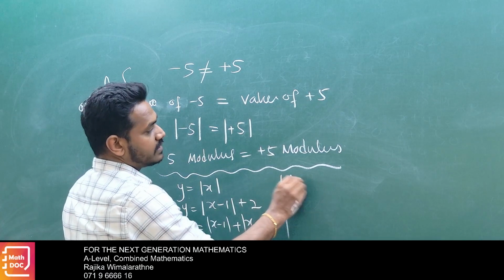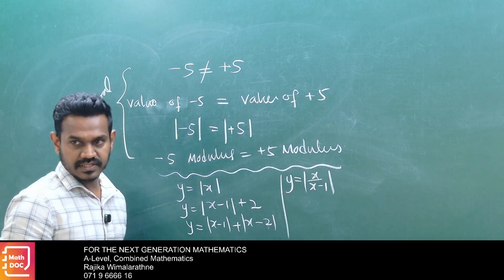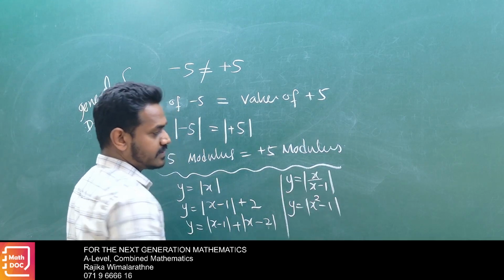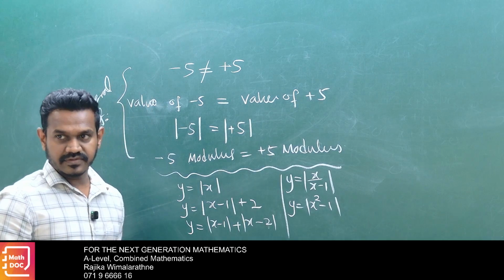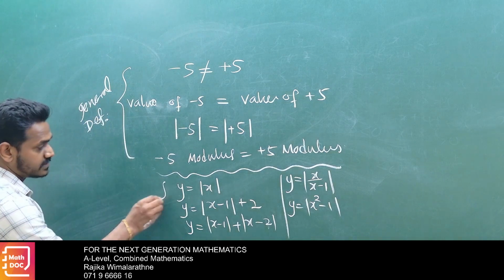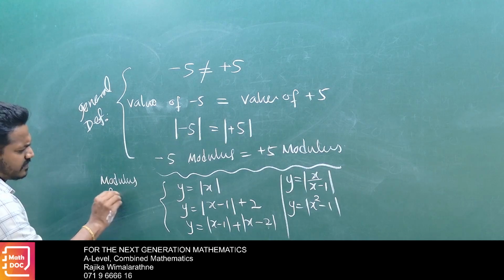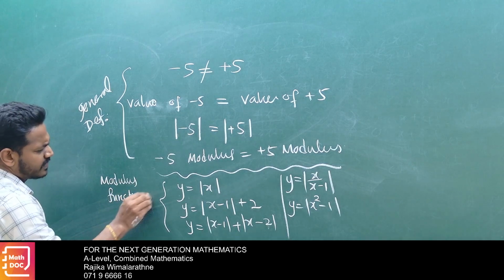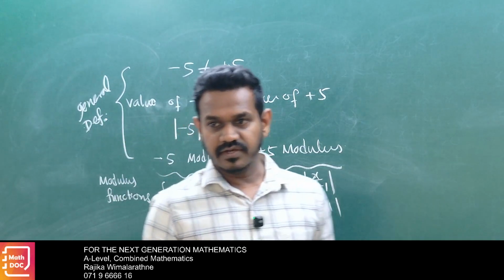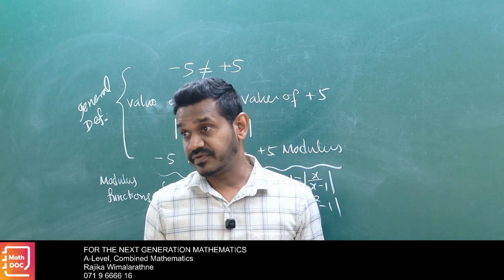Then y equals x times modulus of x minus 1, and y equals modulus of x squared minus 1. Getting modulus means we reset minus signs to plus. These are modulus functions. An inequality with a modulus function we call a modulus inequality.